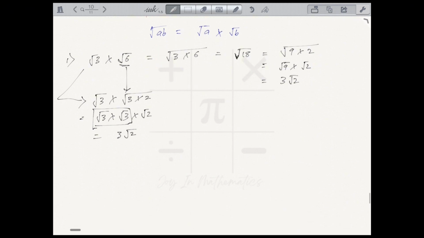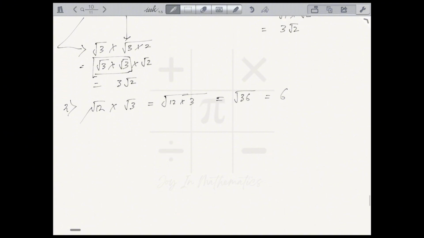Let's take another question. We have root 12 multiplied by root 3. Now root 12 multiplied by 3, we can say this is root of 12 multiplied by 3, and 12 multiplied by 3 is 36, and root 36 is equal to 6. We can see how these are playing out, and we can also try it in another format and convert them to basic form.